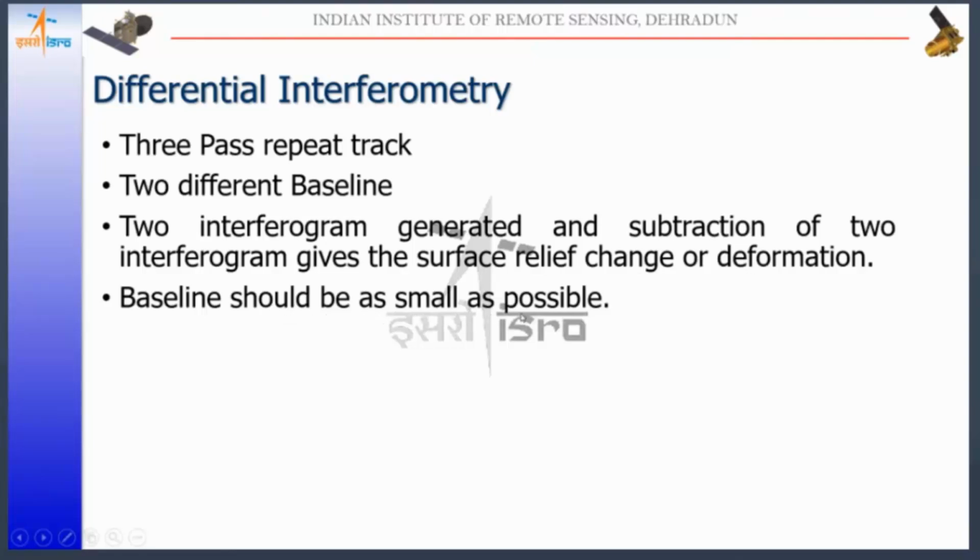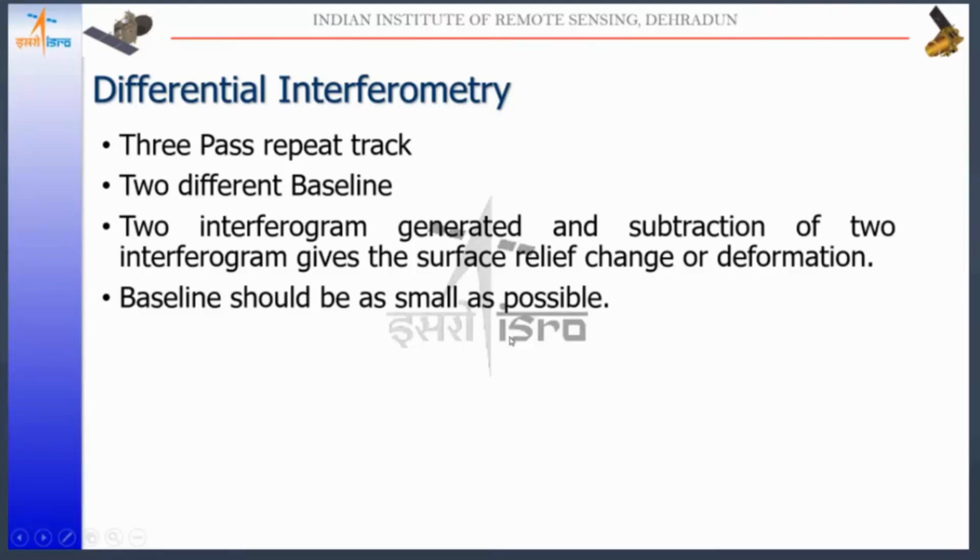The baseline should be as small as possible. From the 3 passes we get two pairs: the first interferogram between passes 1 and 2, and the second interferogram between passes 1 and 3.